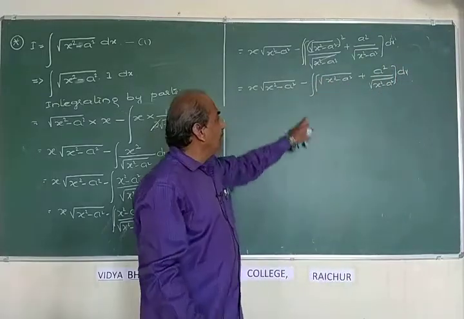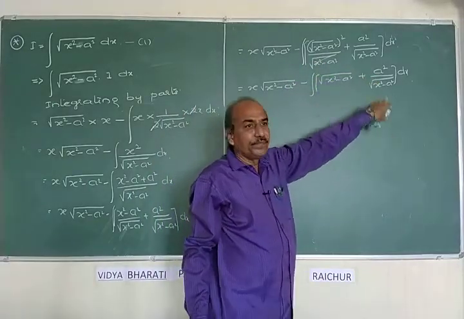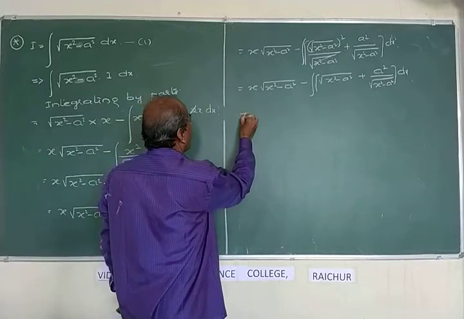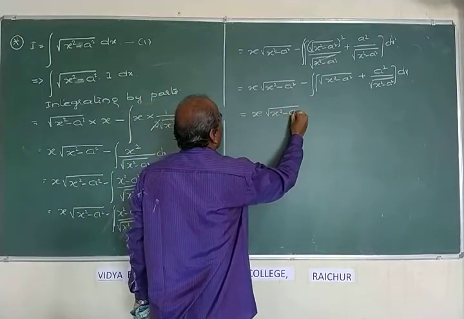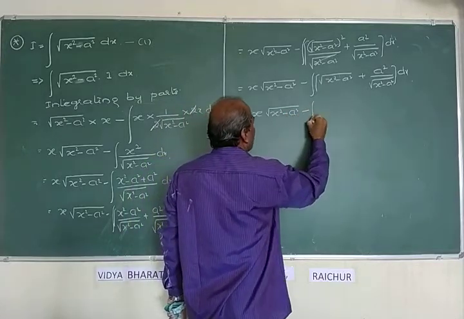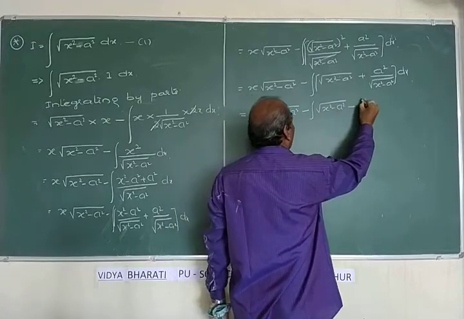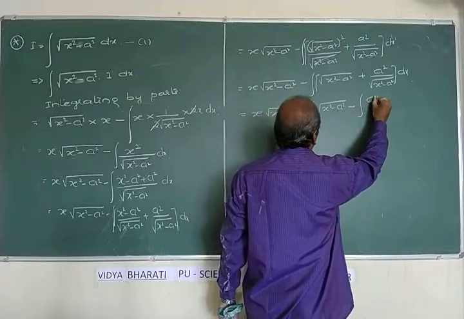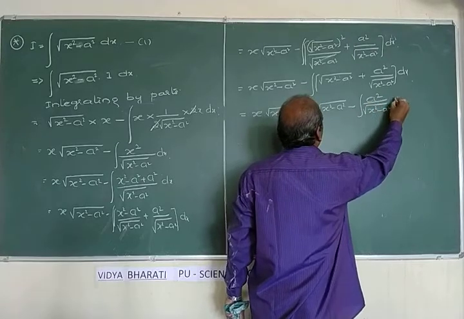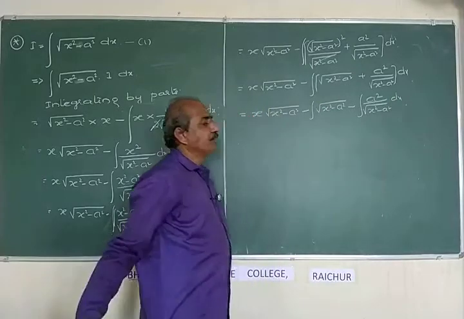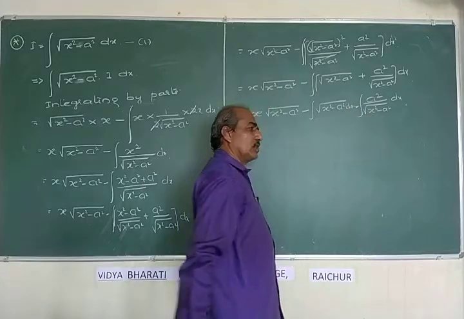Remember, this negative sign is not only for the first term, it is for both the terms, right? Now, remove the bracket along with the sign. x into root of x square minus a square minus integral of root of x square minus a square minus a square by root of x square minus a square into dx. Okay. One more step you write down here, it is dx minus of this.